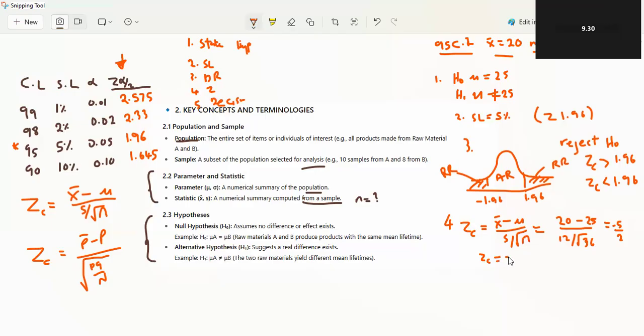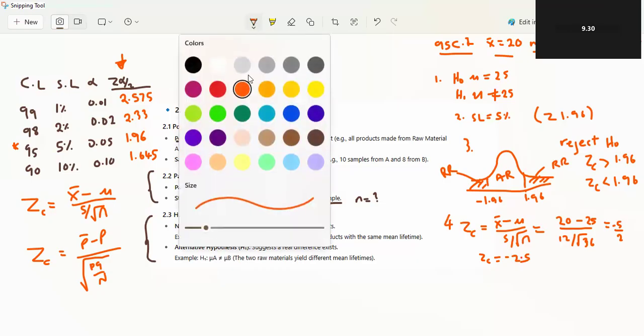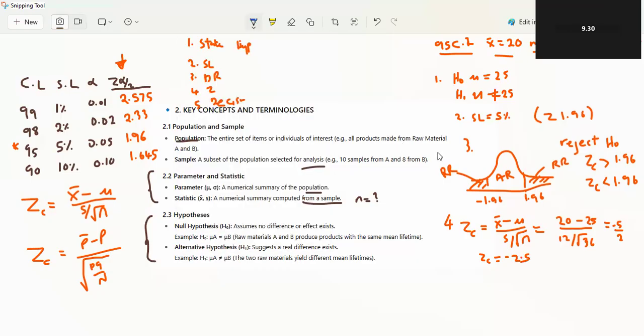What's the 2.5? Is it in the rejection region or is it in the accept region? Where's the 2.5 if you see it from the illustration? It is somewhere here, right? So what is your conclusion? Number 5, the conclusion is what?